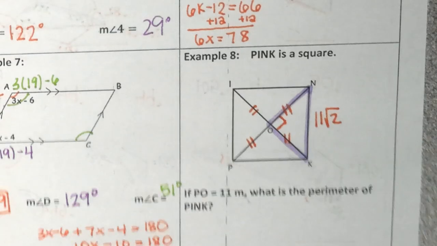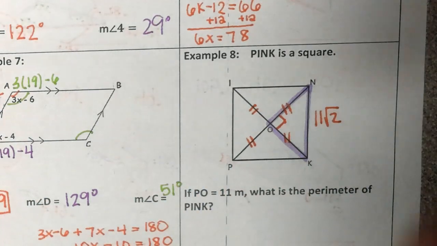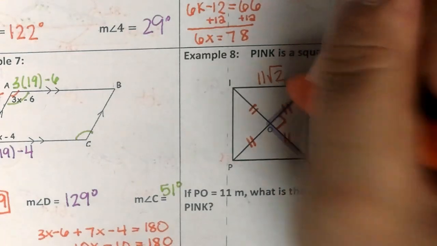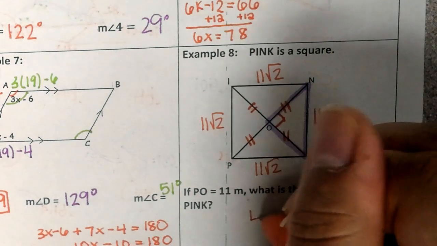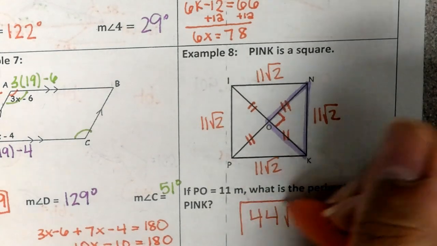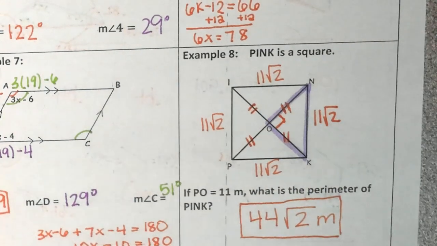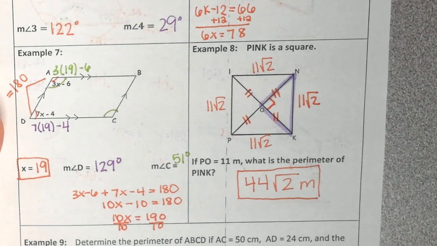It's a 45, 45, 90 triangle. So what are all the sides? So what's the perimeter? 44 root 2. Because you just multiply it by 4. Easy, but I know I just did those fast.